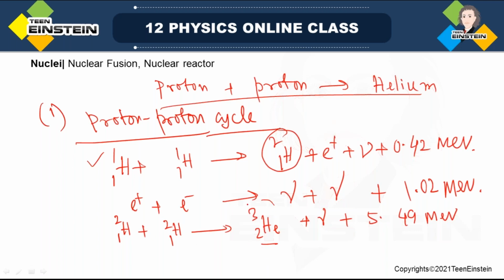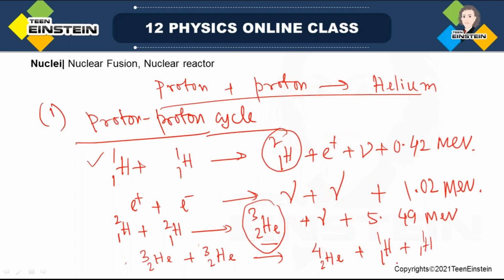Now two such light helium-3 nuclei, after the fusion reaction, combine to get one helium, then two protons will be regenerated, and there will be a release of 12.86 MeV energy.